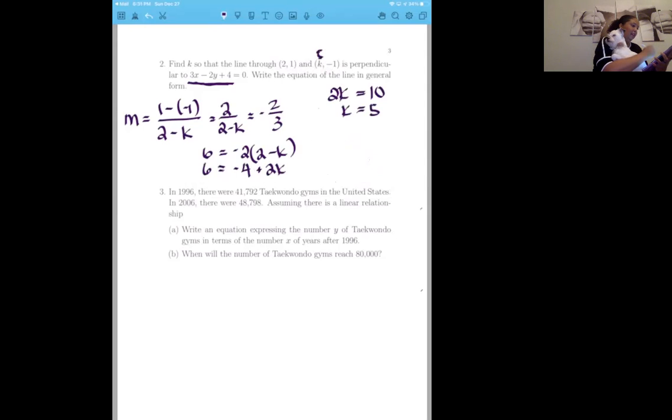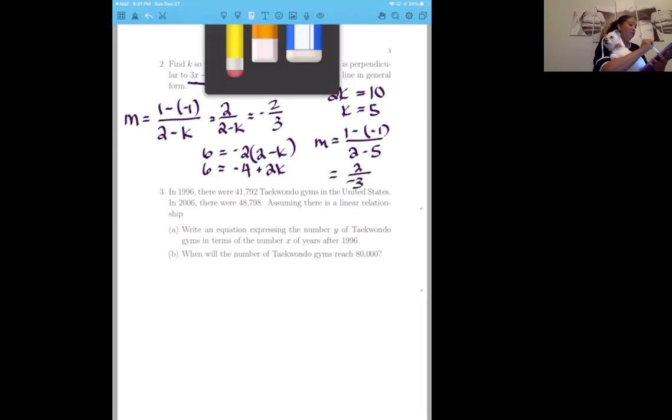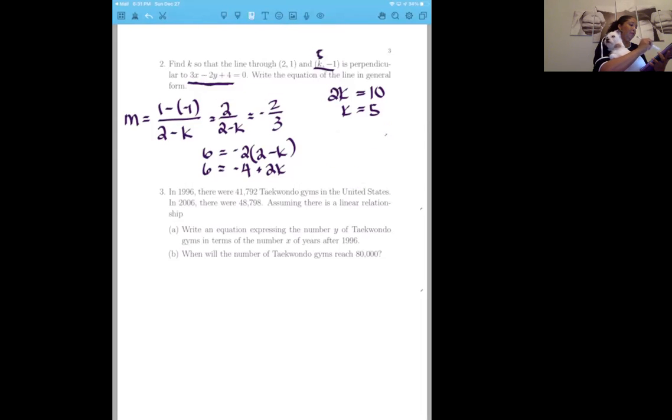If I plug in 5 here, is that going to give me a slope of negative 2/3 between those 2 points? All right, so I have 1 minus negative 1 over 2 minus 5. On the top I get a positive 2, on the bottom I get a negative 3, so I get a slope of negative 2/3. So the correct value for k is 5.